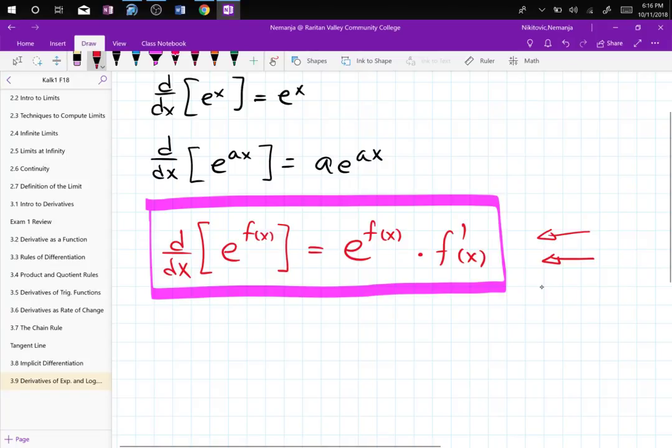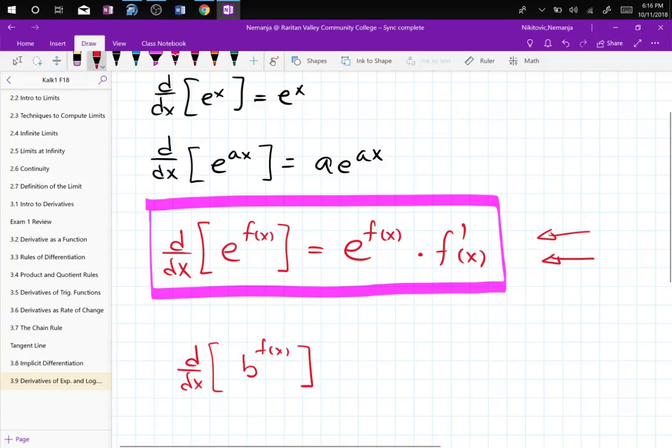And the answer is yes, right? So if you want the general case, or what I call the most general case, you would have to not use e to the x, but b. So the derivative of b to the f of x.